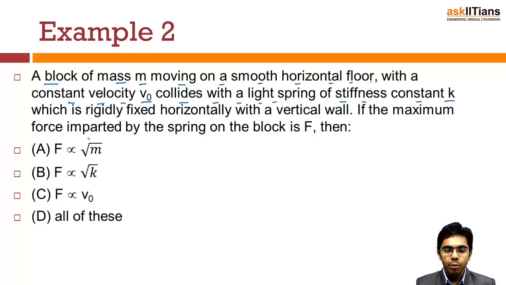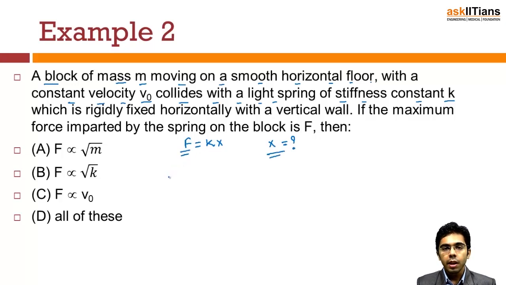If the maximum force imparted by the spring on the block is F, we have to find out which relation F satisfies. What do we know? The spring applies a force F equal to kx, that is the maximum force. So if we can find what x is, we will be able to find F.